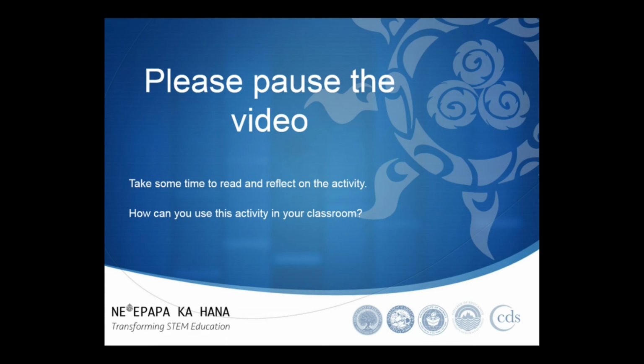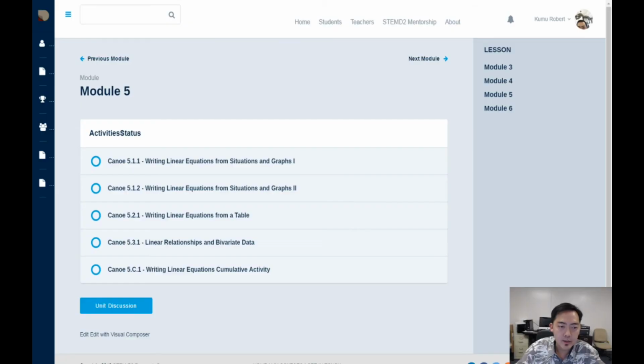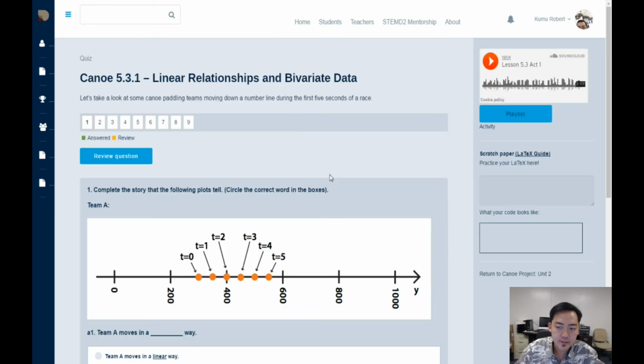Alright, welcome back. The next activity we'll be looking at is Canoe 5.3.1. In this activity, we'll be looking at the first 5 seconds of several canoe teams moving down a number line. Over here is a number line showing position, and these dots represent the location of a canoe team at certain times.